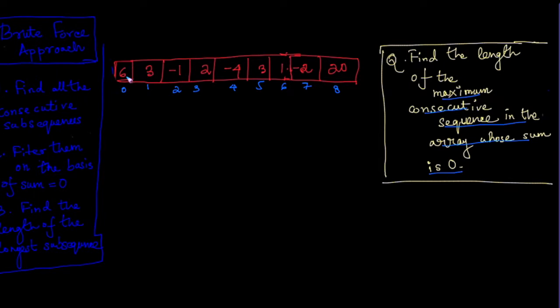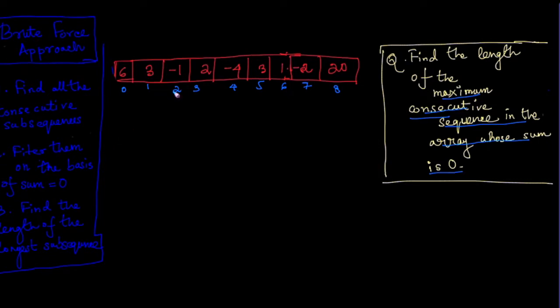For example, if you add 6, 3, minus 1, 2 and minus 4, you will get 0. So 6, 3, minus 1, 2, minus 4 is one such subsequence, right? The subsequence needs to be consecutive and its sum needs to be 0. This is the problem that is given to us.